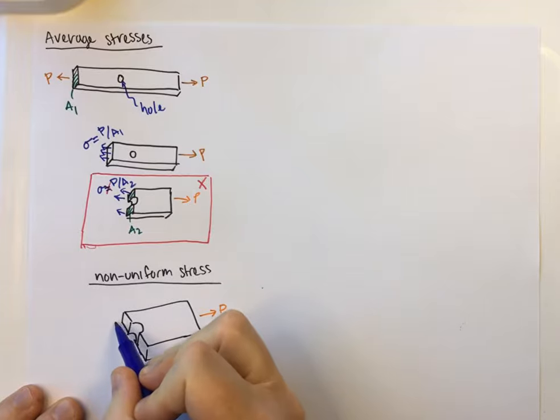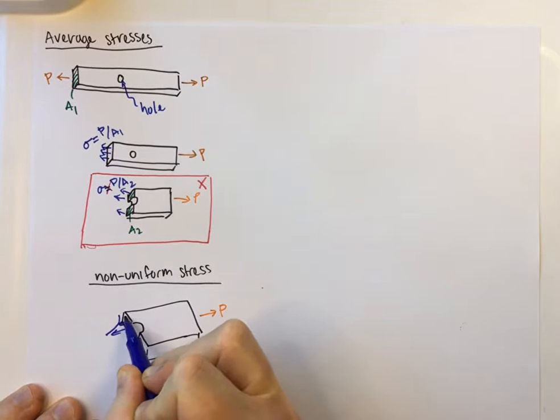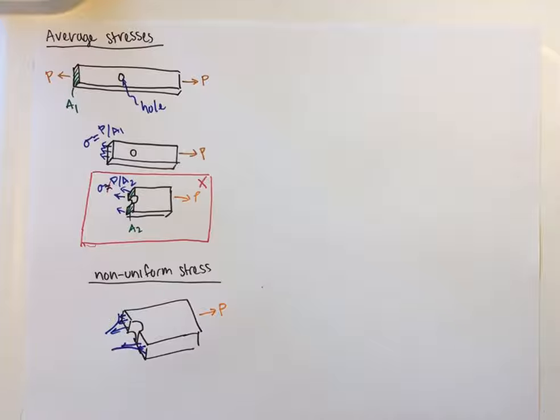What we'll end up having is the stress is going to increase next to the hole. So this is a stress concentration, and this is why you have to be careful when you have bolt holes or something like that, that you don't exceed the yield stress or the ultimate stress of the material.